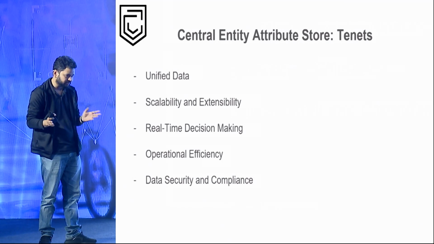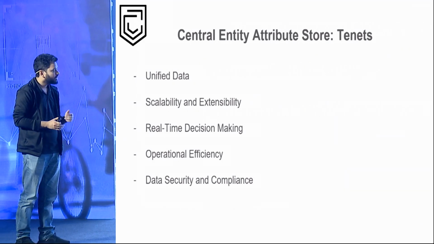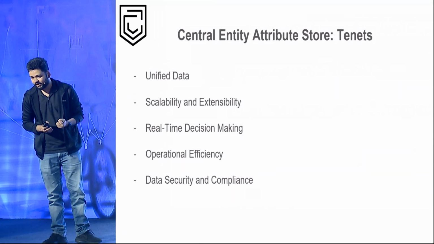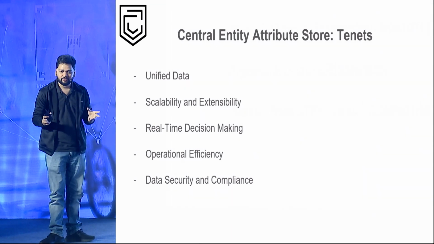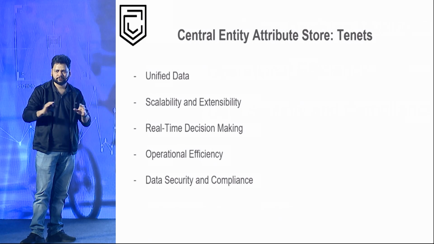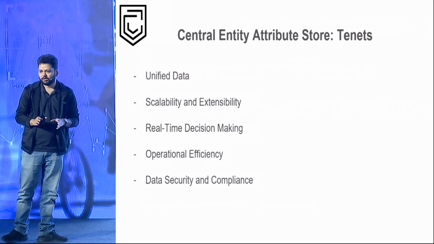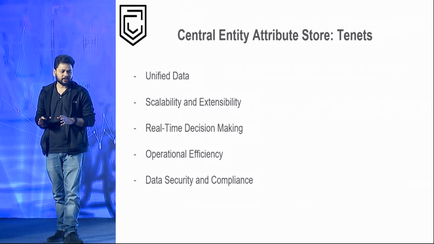there are certain core tenets that we needed to follow for all the features we needed to develop in the platform. One is the unification of the data. Different LOBs have a wide variety of spread in terms of their tech choices, so the data is spread across all sorts of technologies.